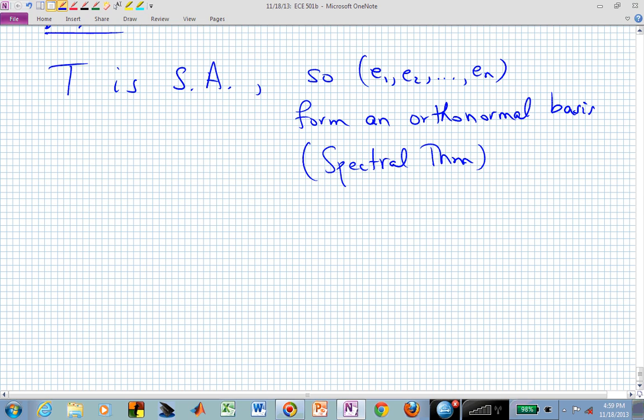Now, we not only know that T is self-adjoint, we also know that all the lambdas are non-negative. Those are in statement B.